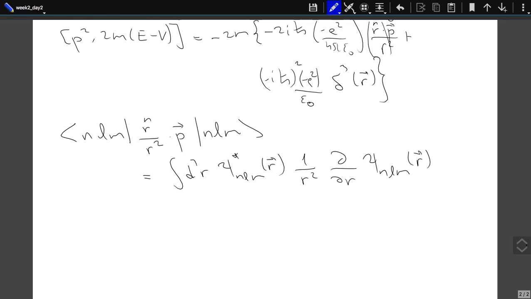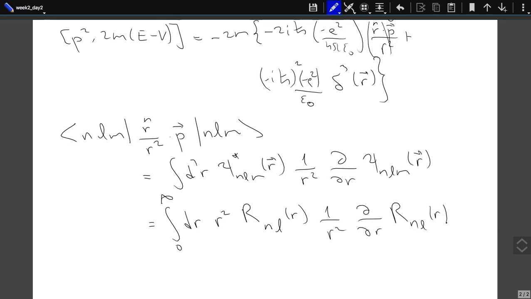Now we can of course separate the angular part and the radial part. You see that there is no operator acting on the angles, so I can just integrate over the angular part. They are properly normalized, and that leaves me only with the radial part, the integral dr from 0 to infinity of r squared, the radial part depends on the quantum numbers n and l, times 1 over r squared d over dr of R n l.